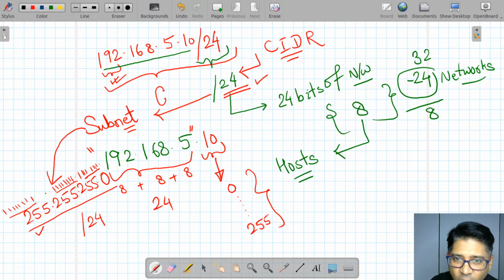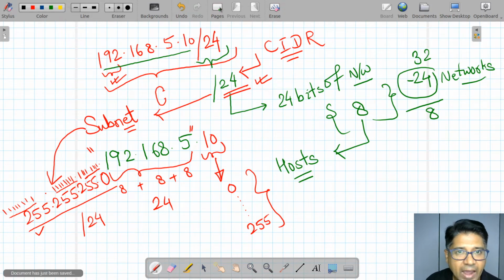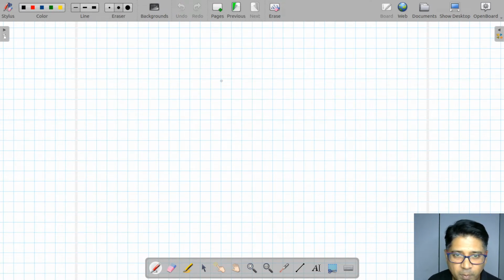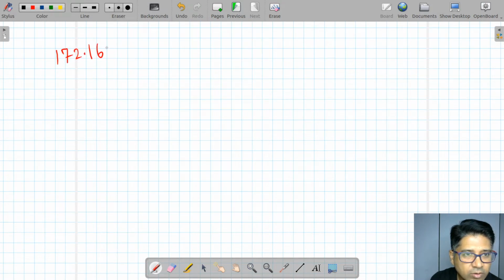So the subnet can be written in this form or in CIDR form, and both are broadly accepted throughout the network. Is this part clear? Should I move to the next part? Any IP has two parts: the CIDR or subnet, and the first part, which is the IP itself. Let's take another example: 172.16.31.5.